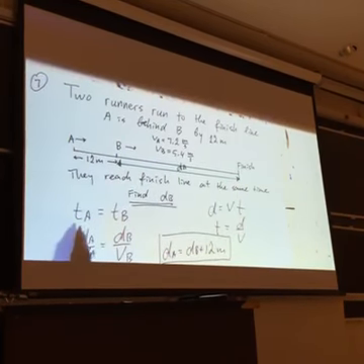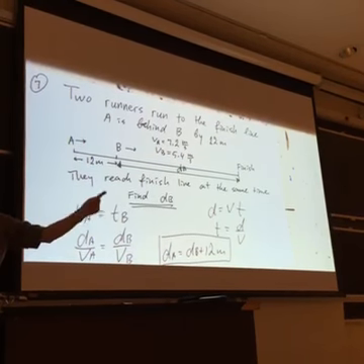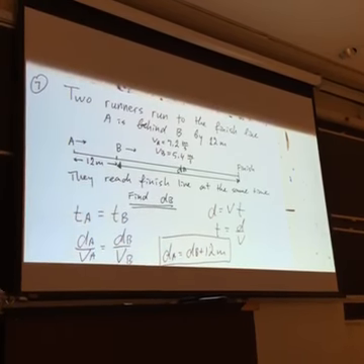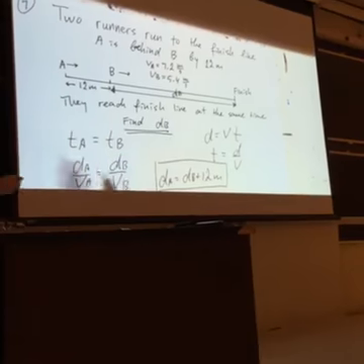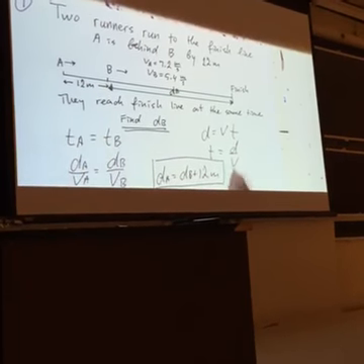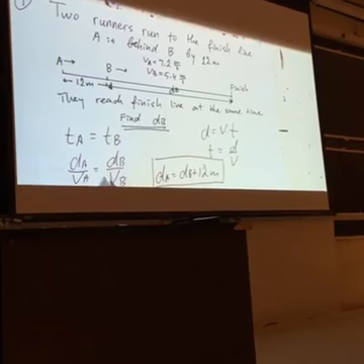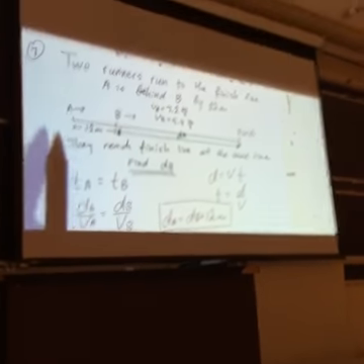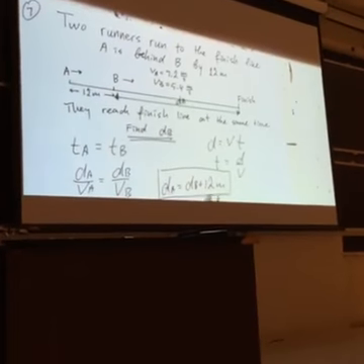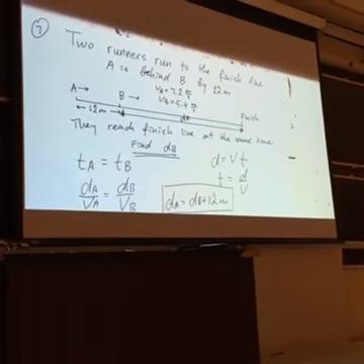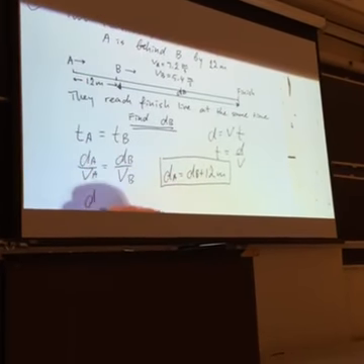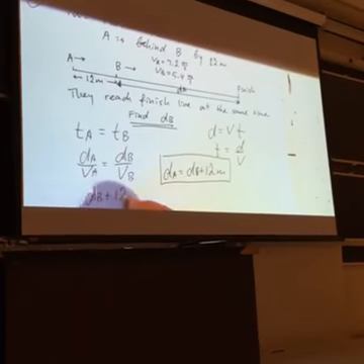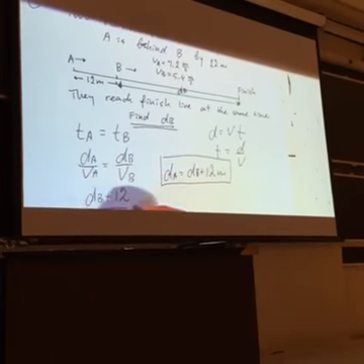Right? They run at the same time. It says they reach the finish at the same time. Their two times are the same. They run for the same time. Time is distance over velocity for both of them. And you know that the distance run by runner A is 12 meters more than B. And then I replace dA with this. I copy this equation, replacing dA with dB plus 12 meters divided by vA equals dB divided by vB.